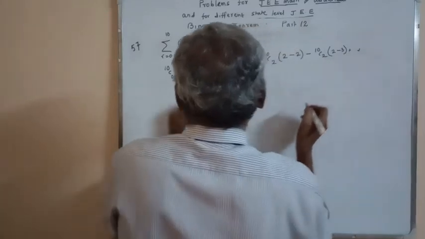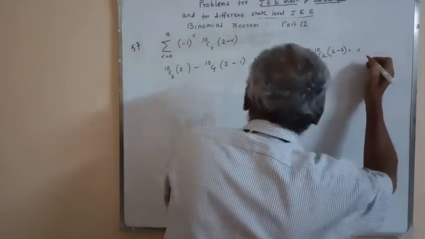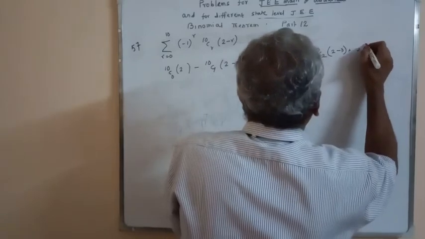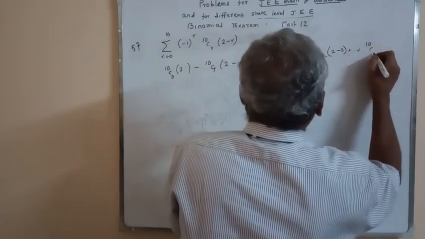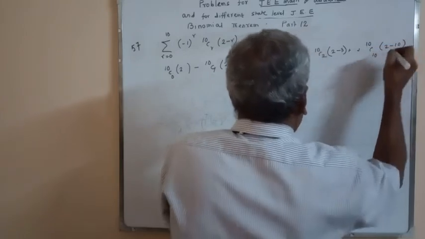The last term is when r is equal to 10, that is positive, 10C10, 2 minus 10.